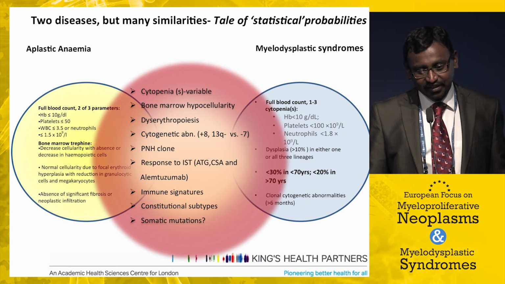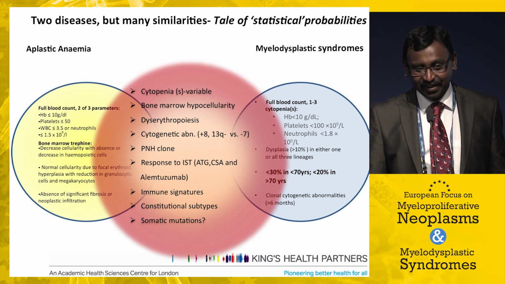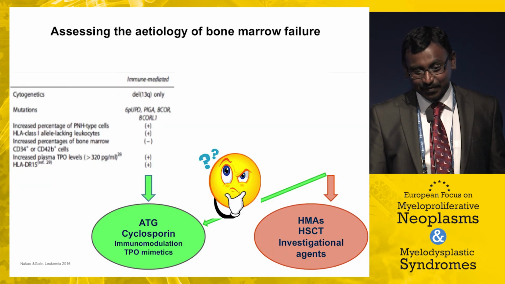So these are two diseases, but there are so many similarities between these two conditions, and sometimes it's important to take note that these two things could coexist, both concurrently or metachronously. But as a simplistic way, if you look at a pragmatic way of dealing with it as a simple clinician, you can look at it as an etiology of bone marrow failure.